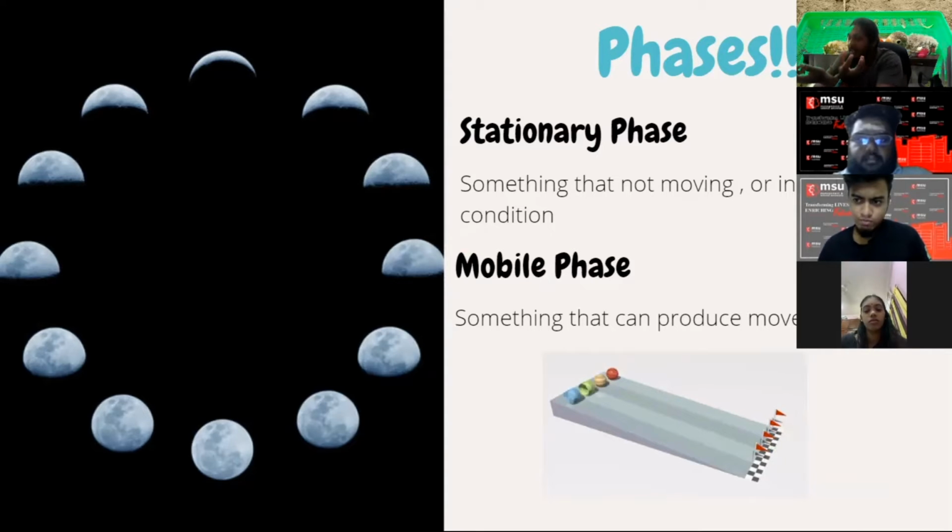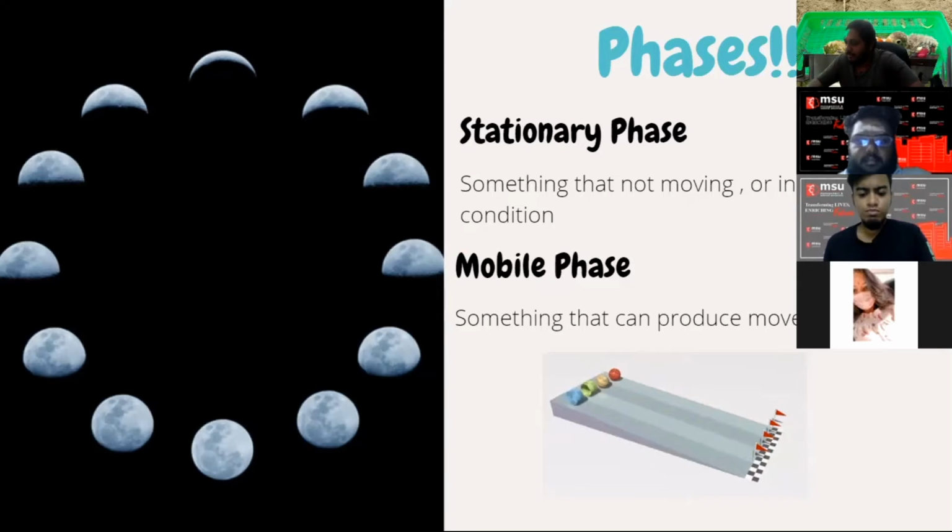If there's some ingredient that cannot move, cannot be attached to the mobile phase, it will stay at the stationary phase and come out later. So the mobile phase component will come out fast and then be followed by the stationary phase component. So this is how it works and why we need the phases. If there's no phase, we cannot determine any specific requirement that we need.